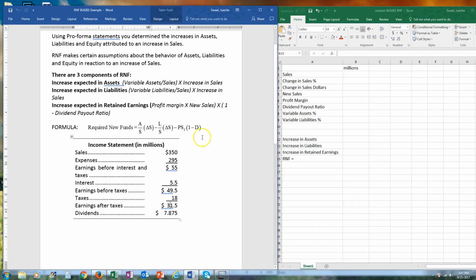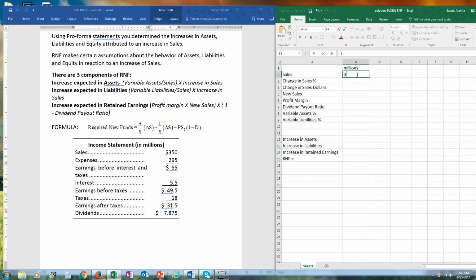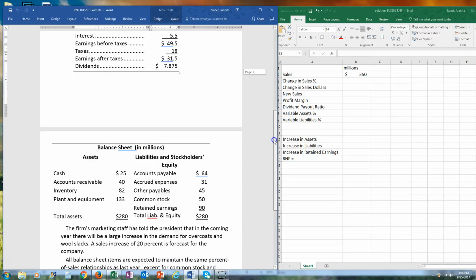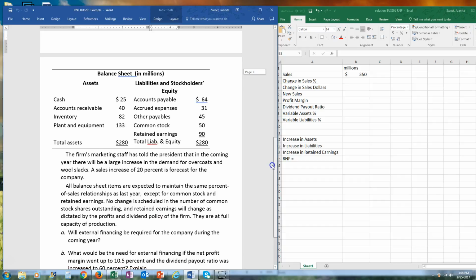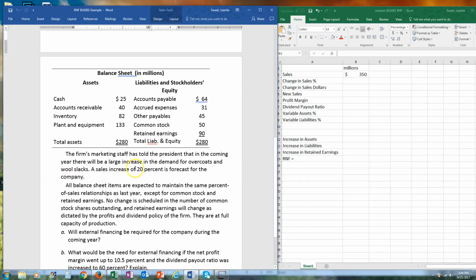So starting out, we need the components of our equation. The first number we need is the sales. Looking to the income statement, we see that sales are $350 million. Now let's look at the information they're giving us. They're planning that there's going to be a large increase in demand, and they are predicting a sales increase of 20%.